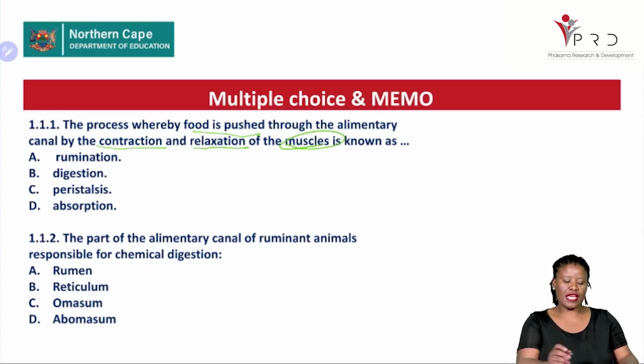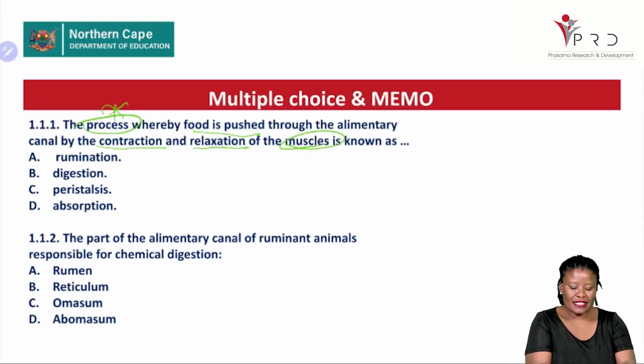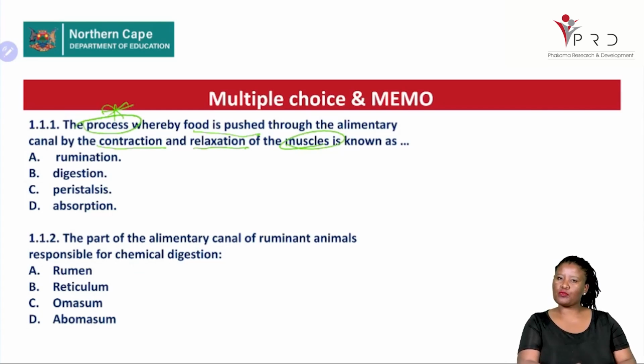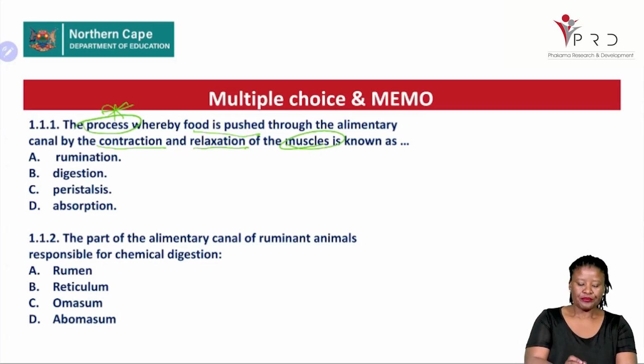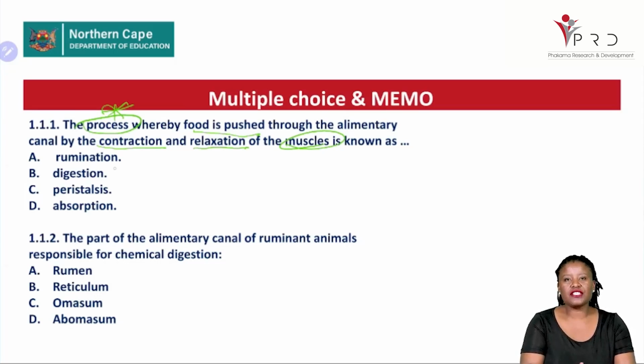Here you are asked to understand this process. You'll be given 4 possible answers, but you have to choose the correct one. Is it rumination? Is it digestion? Is it peristalsis?